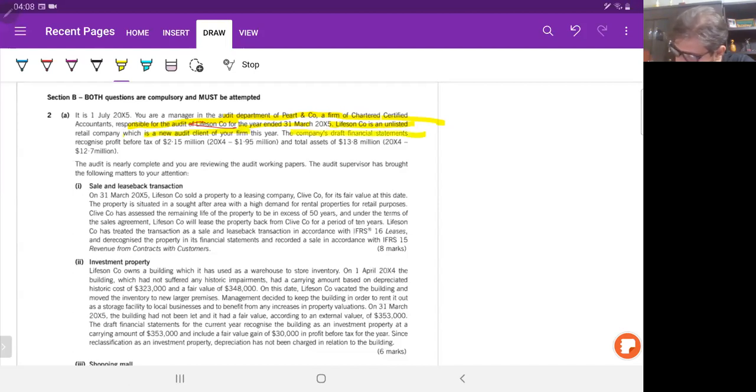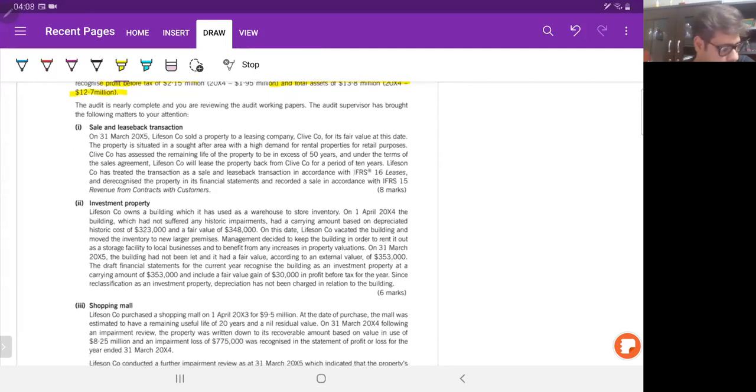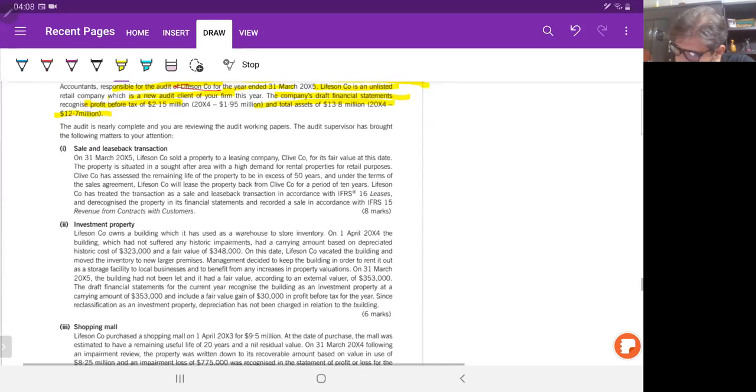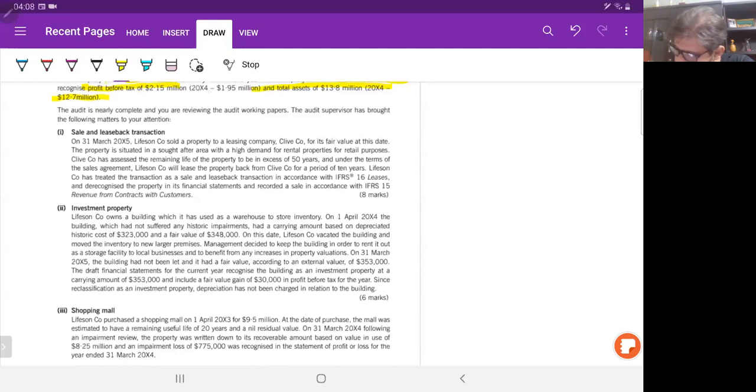The company's draft financial statements recognized profit before tax of 2.15 million and total assets of 13.8 million, 2004: 12.7 million. The audit is nearly complete and you are reviewing the audit working papers. The audit supervisor has brought the following matters to your attention.